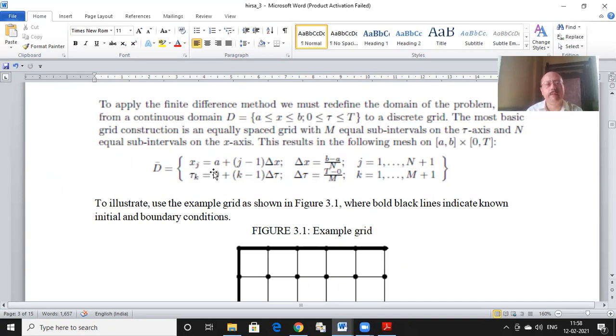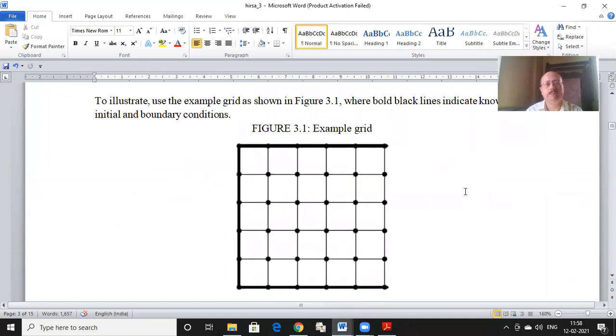x_j starts from A, goes in steps of delta x till it reaches B. tau_k starts from 0, increases by steps of delta tau till it reaches capital T. This is an example grid, where the horizontal axis is the time axis and the vertical axis is the x value axis.